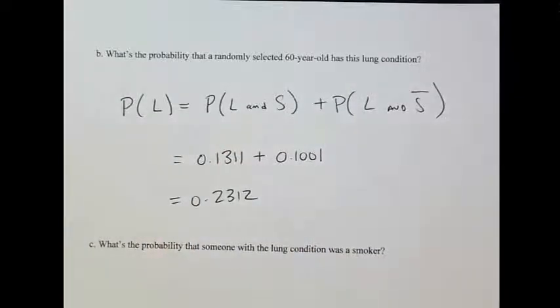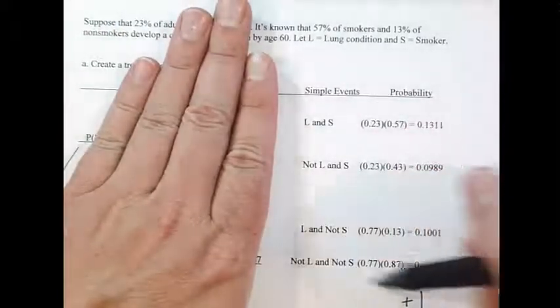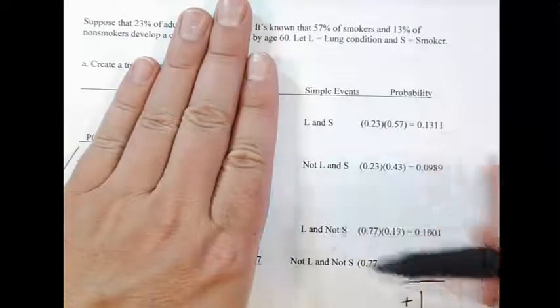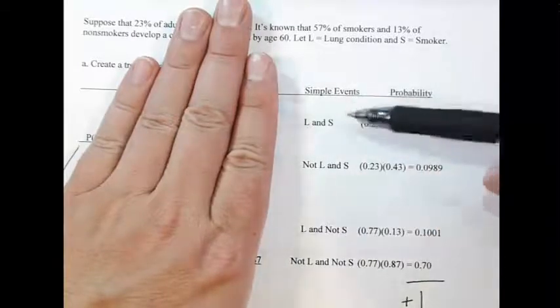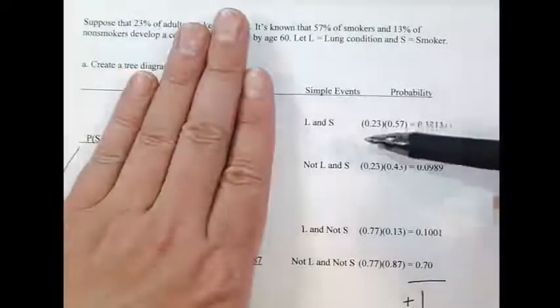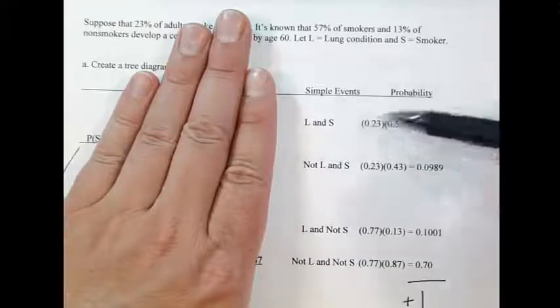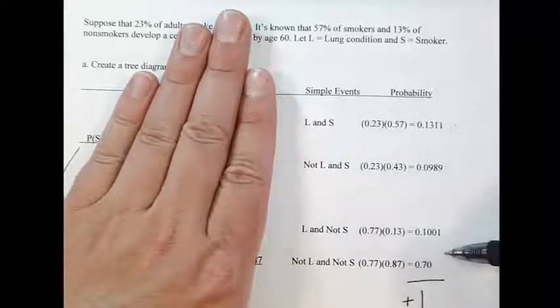That gives us the probability that someone could have that lung condition. So again, notice that once I identify this, I actually don't use the tree anymore. From there on, you only use the simple events. I'm ignoring all this information over here, which means your tree actually doesn't have to be super well labeled as long as you have this information properly labeled. And I just added this probability and this probability.